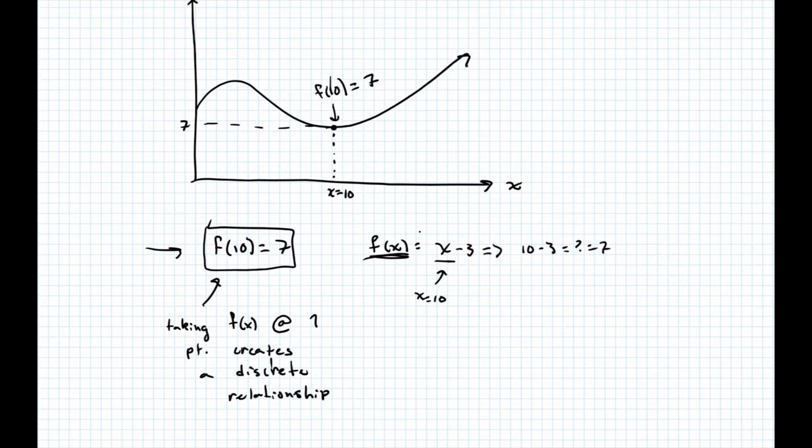This can ruin how we want to talk about the behavior of functions, because we want to talk about behavior at multiple points. Say we want f of 10, f of 11, f of 14. Each of these is a discrete point, and taking it at a discrete point gives a discrete relationship, whereas we want to know the behavior across all of these.